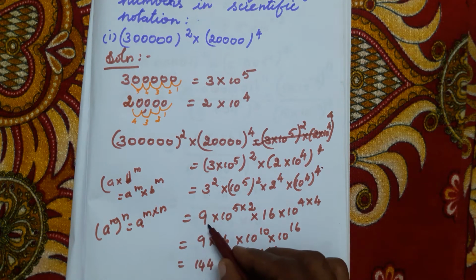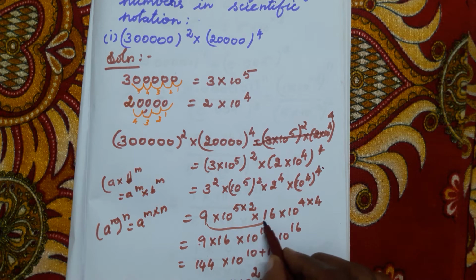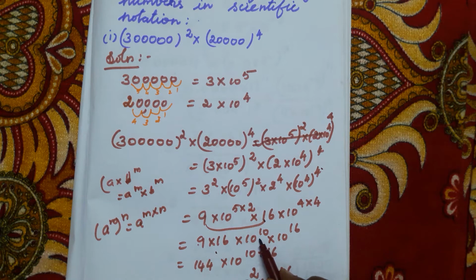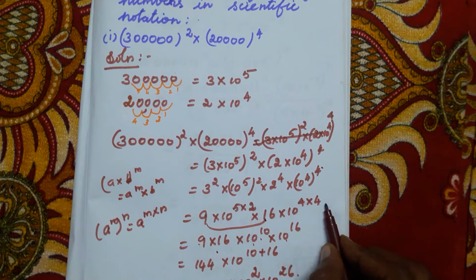It is equal to 9 into 16. This number together we are taking, 9 into 16. Here 10 power 10, 5 twos are 10, into 10 power 16.